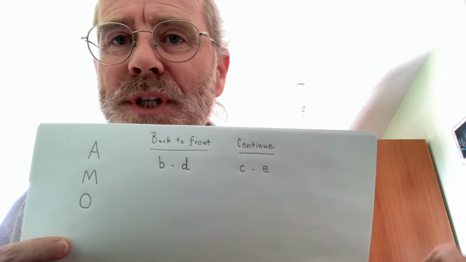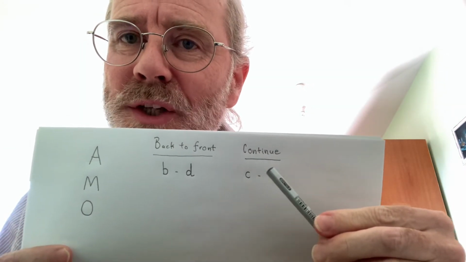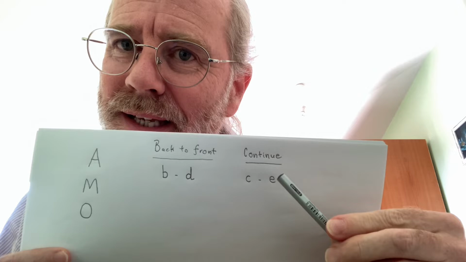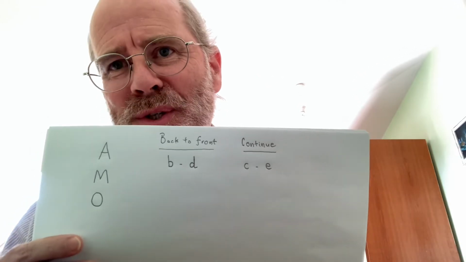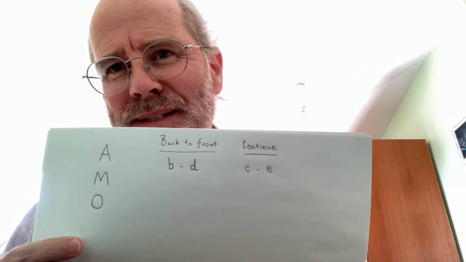Now, if we continue, the next letter is C. C is very similar to E. If we just continue the line a little, so C gives E. They're very similar. I've just continued the line here back to where it begins.